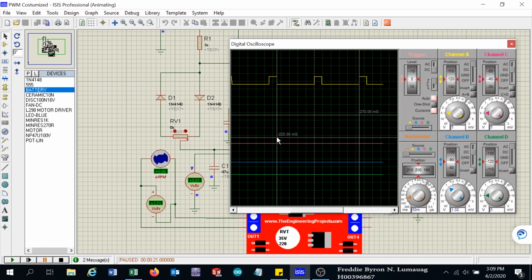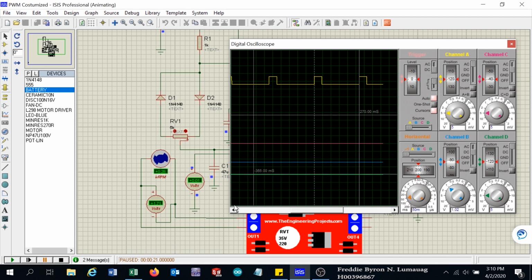So the frequency will be the inverse of that. So that would be 1 divided by 270 milliseconds. Okay, so the frequency would be 3.7 hertz.